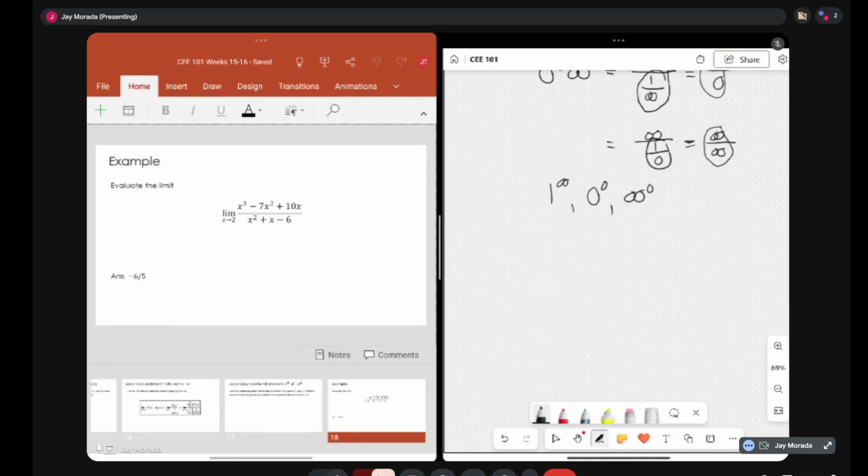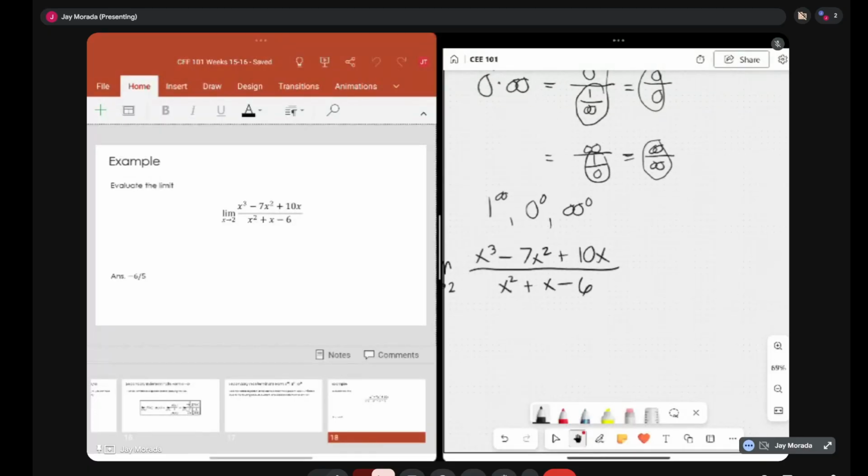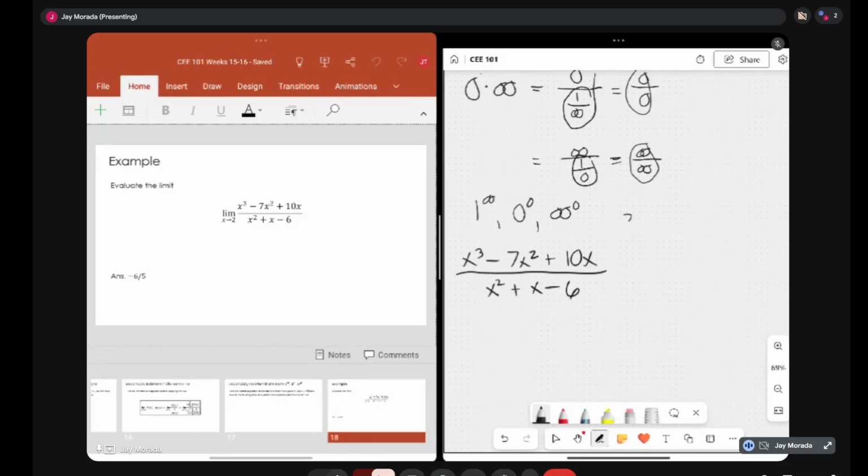Evaluate the limit. Let me write that problem down: the limit as x approaches 2 of x cubed minus 7x squared plus 10x over x squared plus x minus 6. If we try to directly substitute 2, that will leave us with 2 cubed minus 7 times 2 squared plus 10 times 2 over 2 squared plus 2 minus 6.